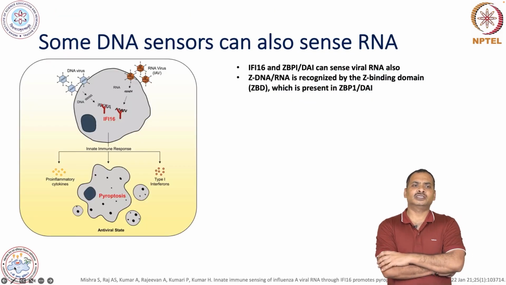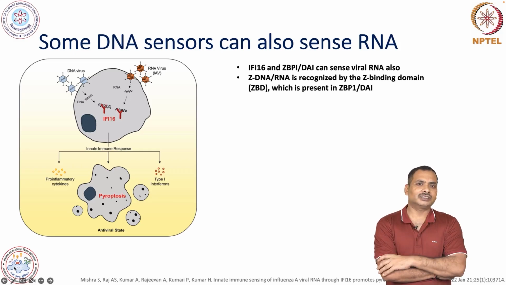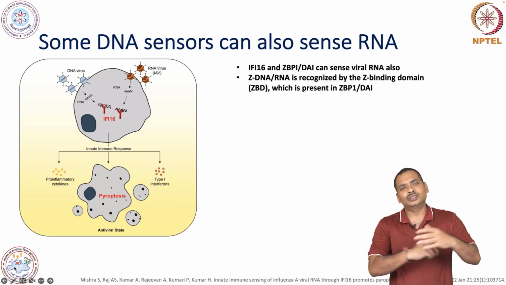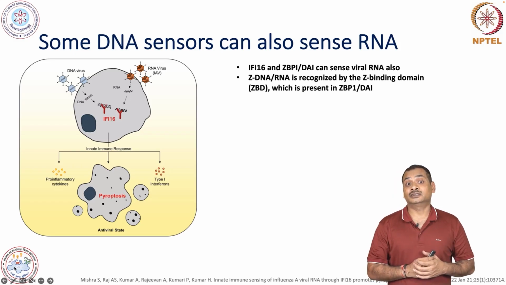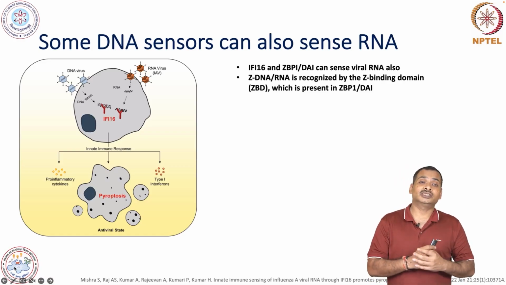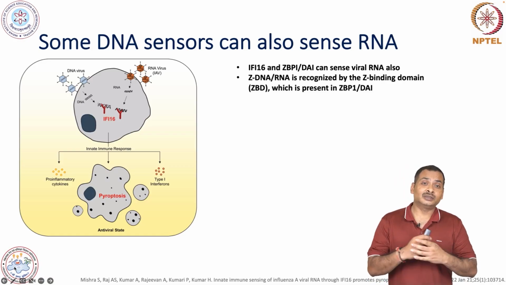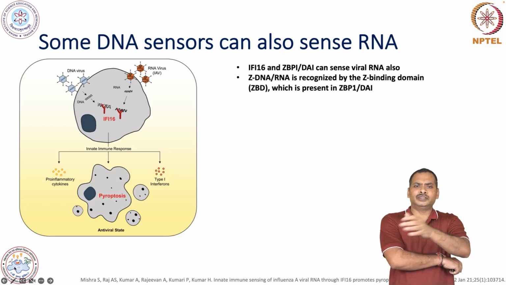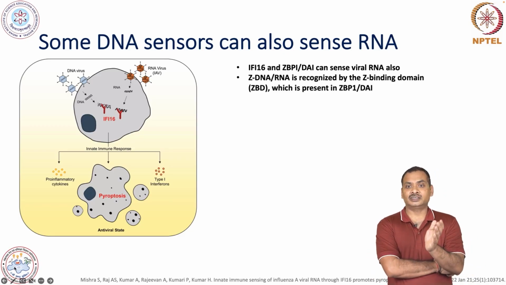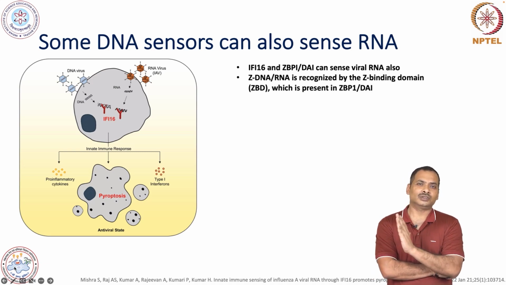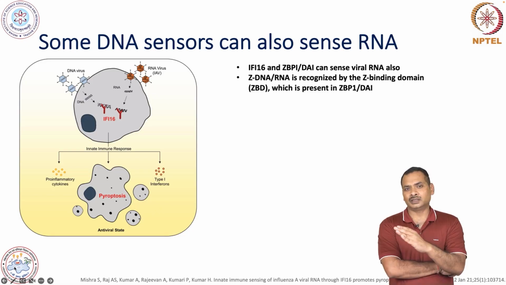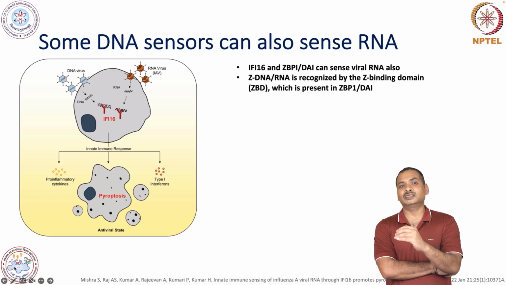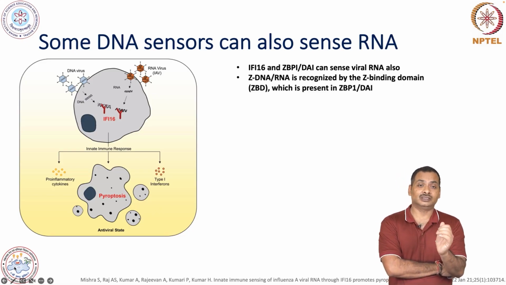Here we have discovered that IFI16 is not only playing an important role in sensing DNA molecules, it also senses RNA, and the RNA is basically from influenza virus. So, here you can see that IFI16 can sense viral RNA, from influenza virus. They do not sense RNA from other viruses, at least what we have tested, that is NDV, Newcastle disease virus.